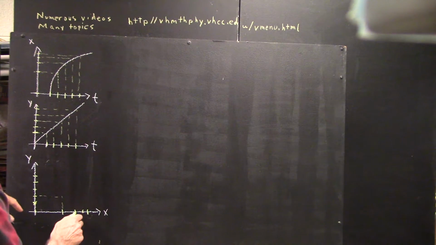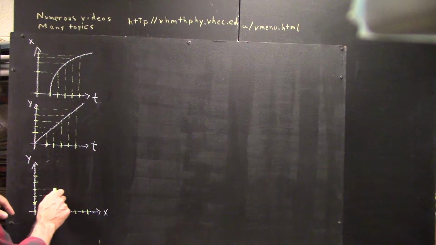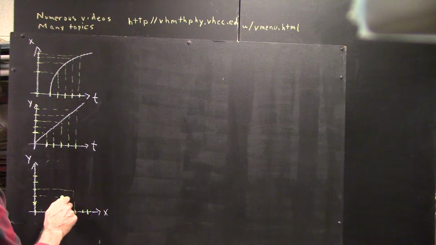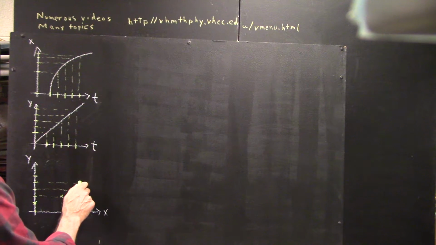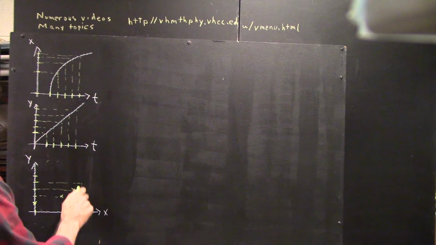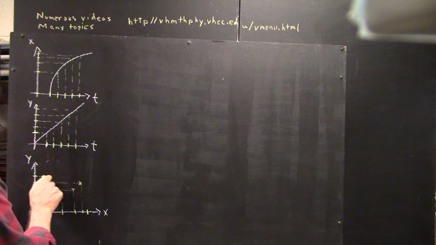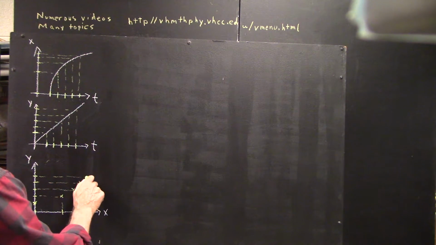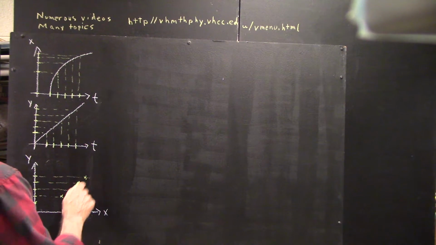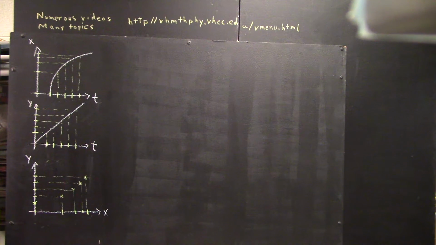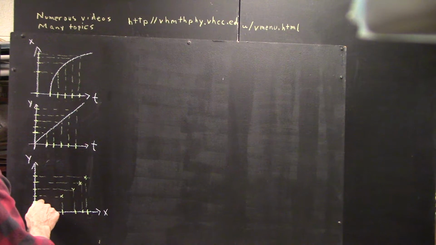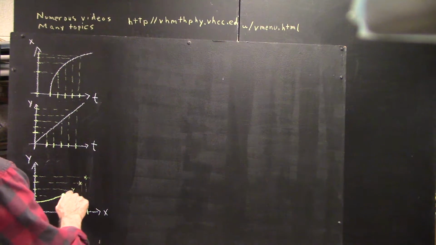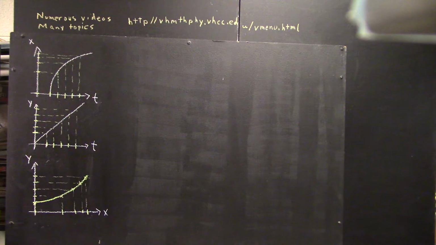And then from the next value of t, we get this y value and this x value, giving us this point. And then another point, and another point. Okay, so our graph will end up looking something like this.